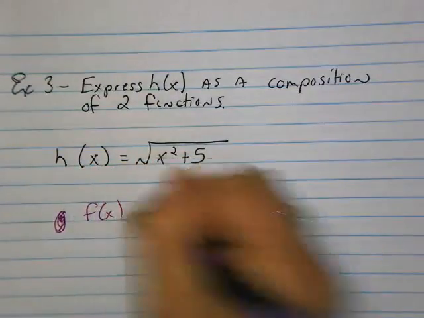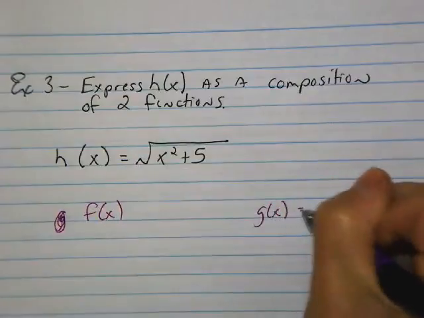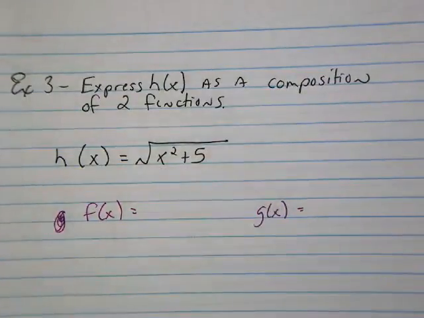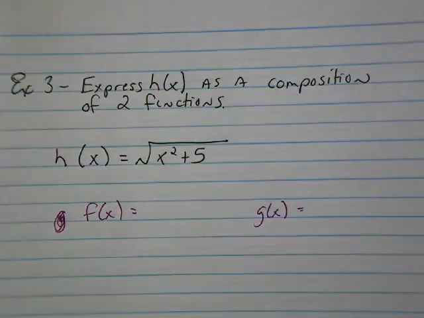So we're going to say that two things made this function. Okay? So in other words, if we took it apart, the innermost function is g of x.